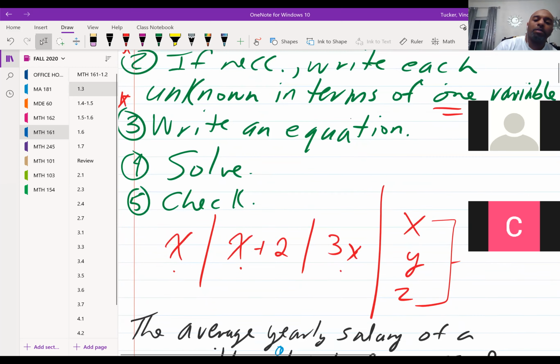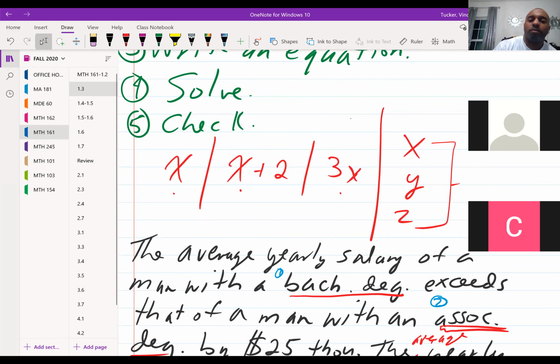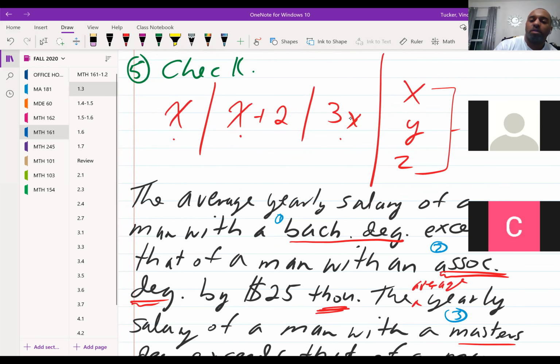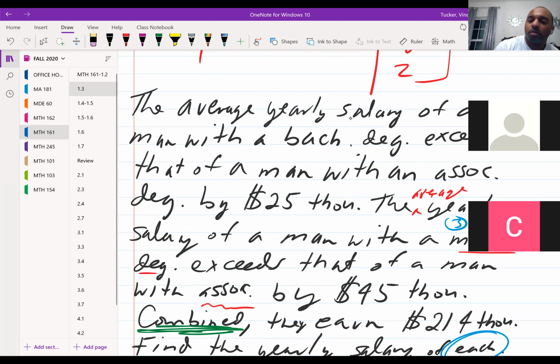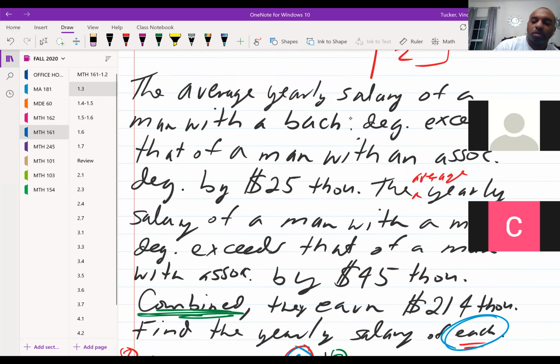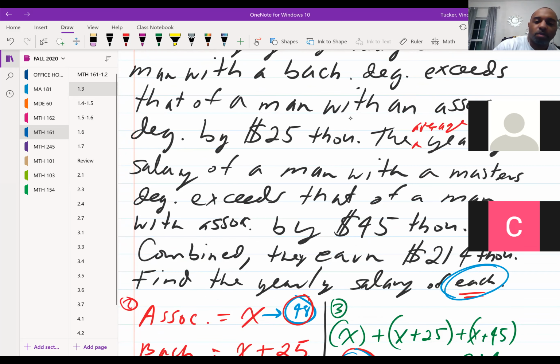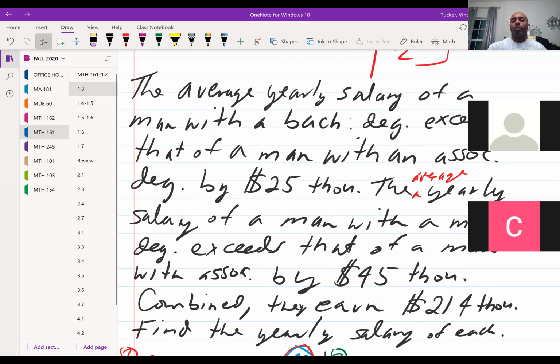All right. So let's look at the first one. Let me erase some of this stuff. All right, so let's look at this first word problem.